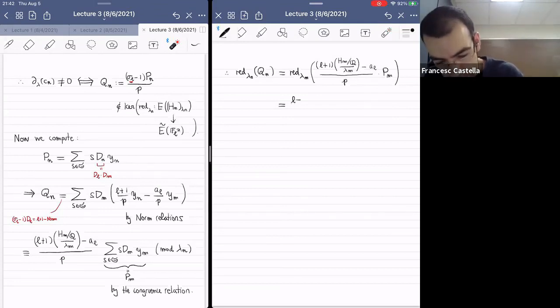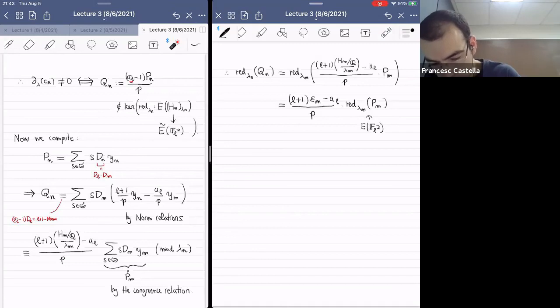So this is going to be L plus 1, then that sign epsilon sub m minus A sub L divided by P, times the reduction lambda m of P sub m. Okay, so this is as classes here, as points on this epsilon m eigenspace.